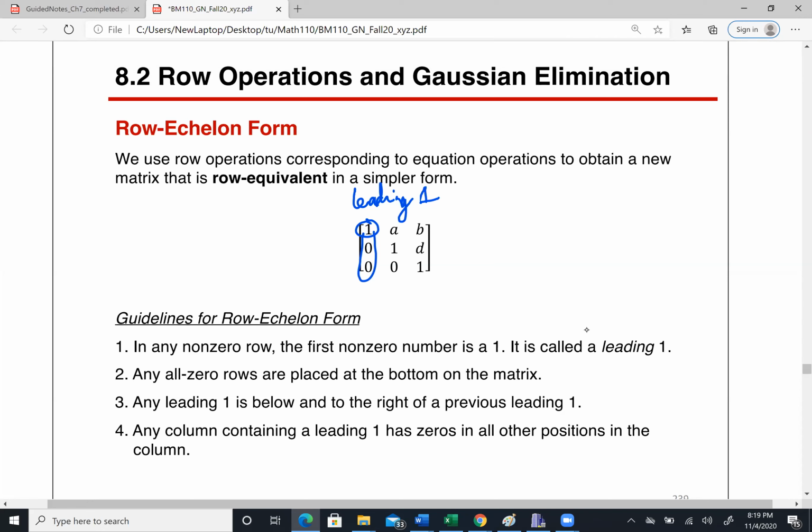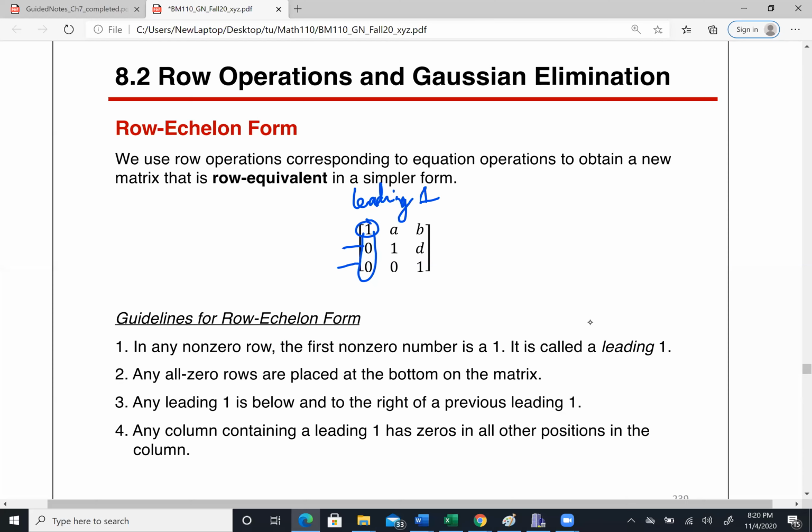Then it has zero in all other positions in the column. So it's 0, 0. So that is it.